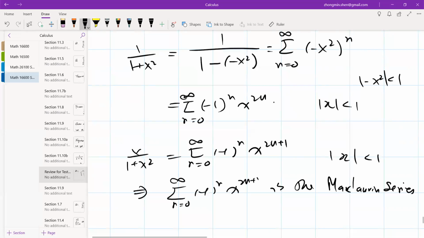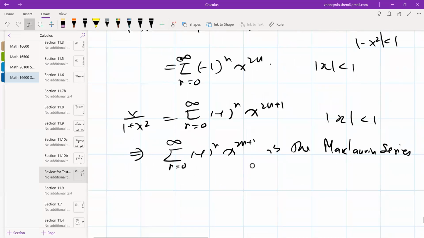Okay. It's the Maclaurin series. But using this identity, we can do something else. We can integrate both sides.